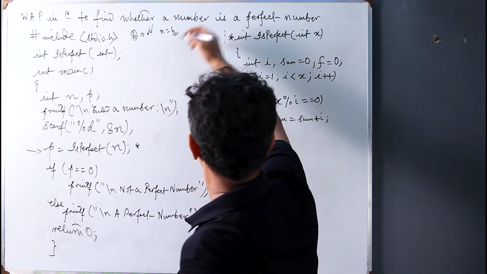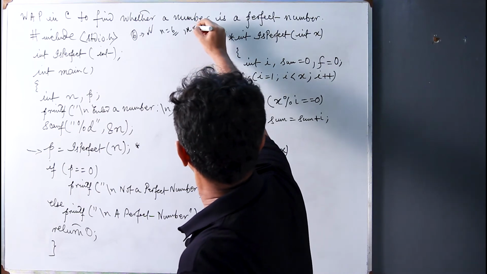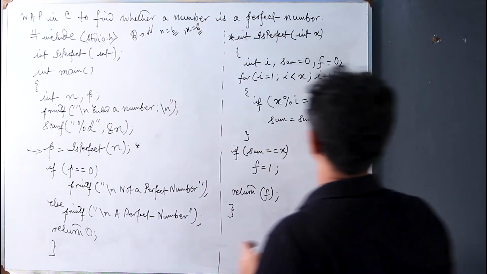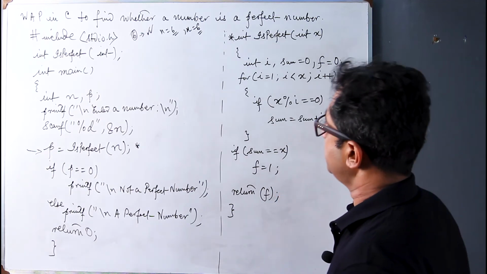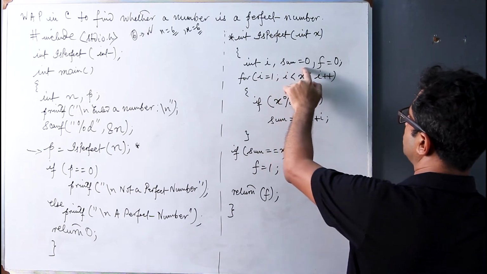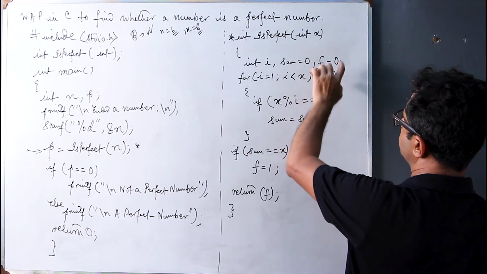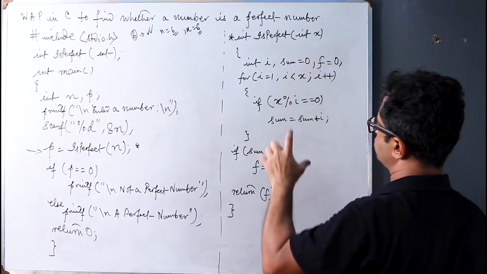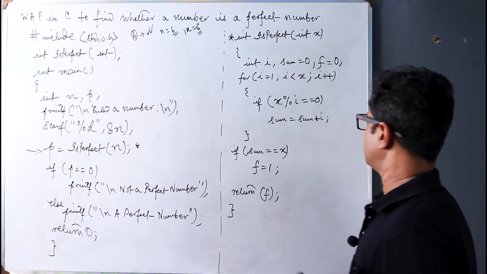We will discuss them in detail later on. So n is equal to 6 means x is also 6, because the formal argument is nothing but a copy of the actual argument. So int i, sum equals 0, f equals 0. This is the control variable which controls the logic to determine whether a number is perfect.